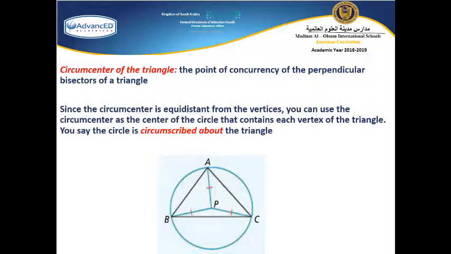Since the circumcenter is equidistant from the vertices, PA equals PB equals PC, we can use this circumcenter as the center of the circle that contains the vertices A, B, and C. And we can say that circle is circumscribed about the triangle.